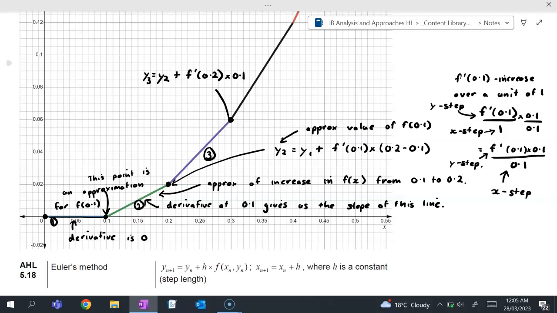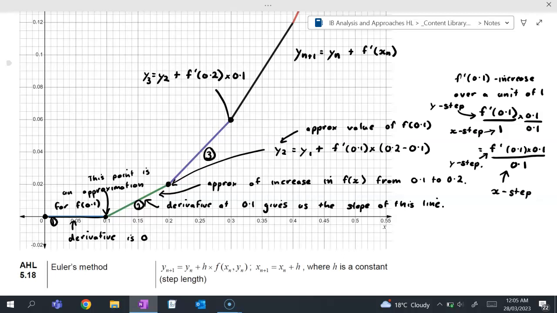And so this leads us to a general formula: y of n plus 1, the n plus 1 step, is going to be the previous y value, yn, plus the derivative, f dash of xn, whatever the previous x value was.